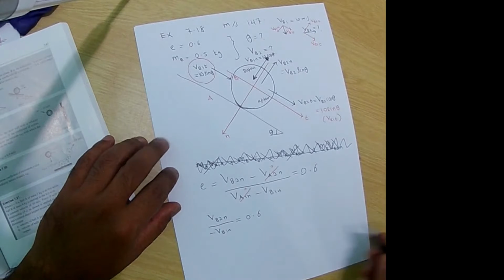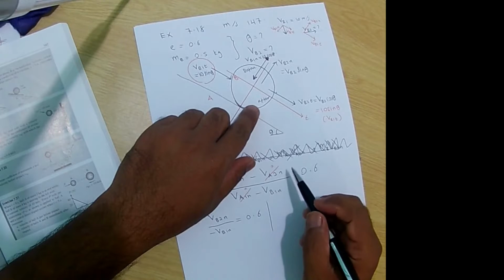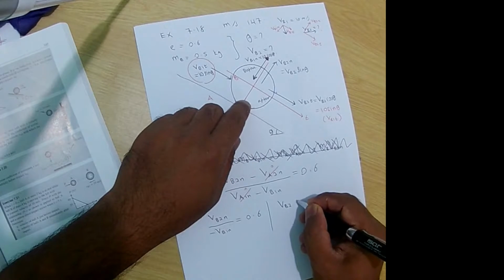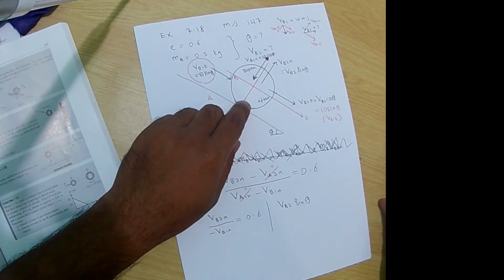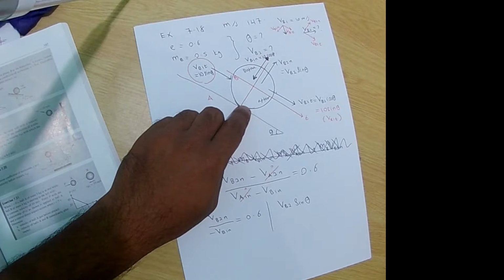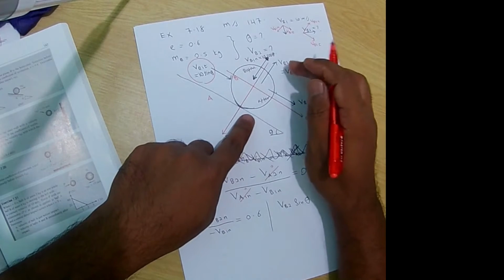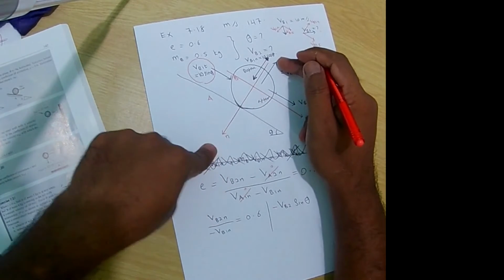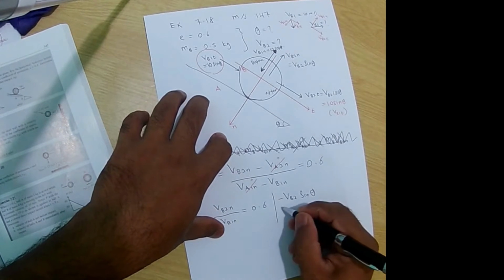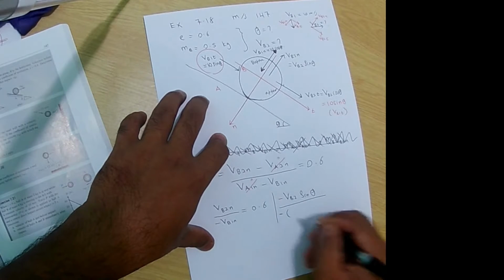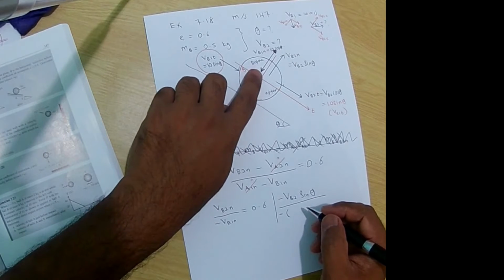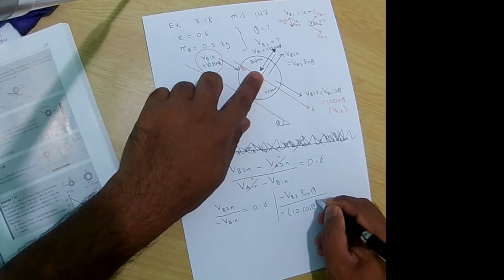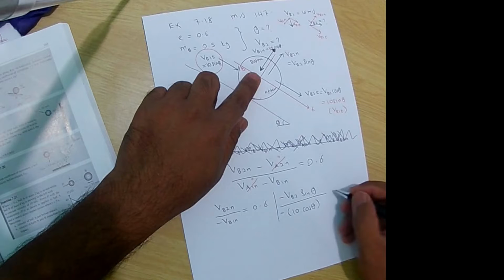Put this information in: VB2N is VB2 sin theta, and I have to put a negative sign because it is opposite direction of positive N, divided by negative VB1N, which is positive direction, so the value is 10 cos theta, equal to 0.6.